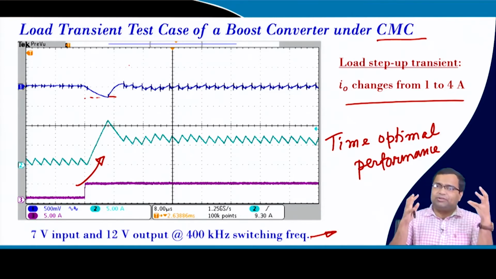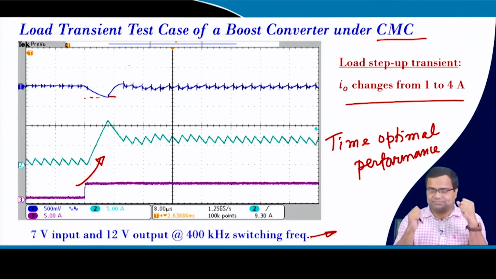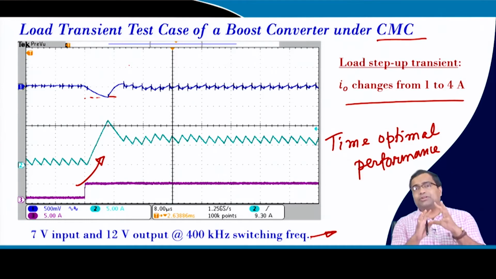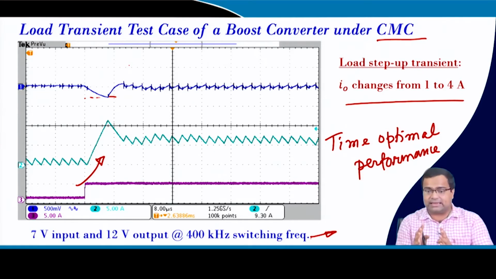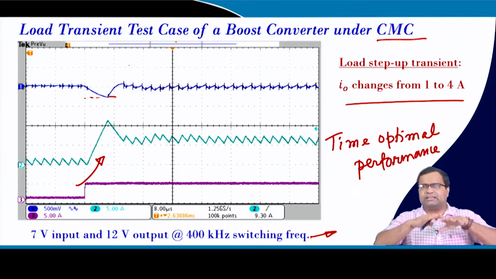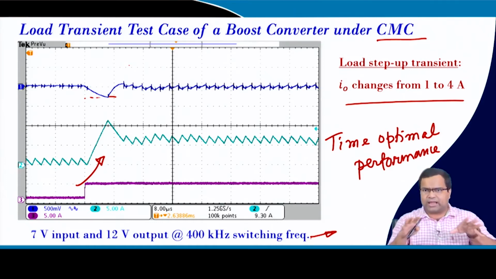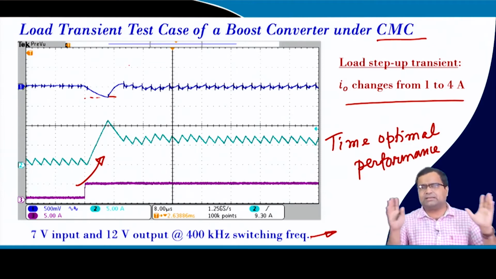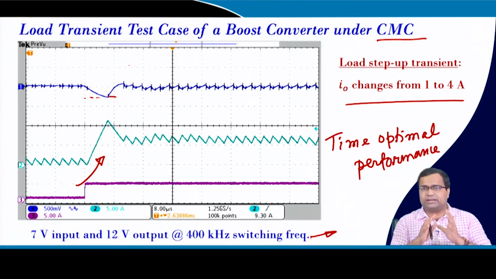So we need to incorporate some nonlinear model here. That means, even though we try a modeling technique, we need to understand what level of model we need. A very simple model is reasonably easy to handle, and you can use the rich design tools of control systems, but you have a limit in performance because it is a switching converter.